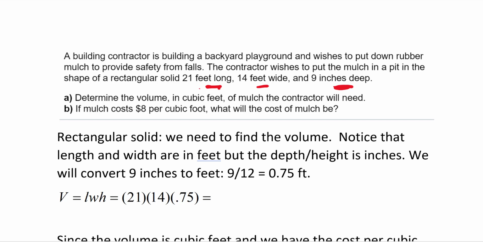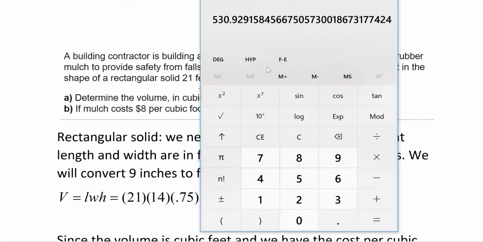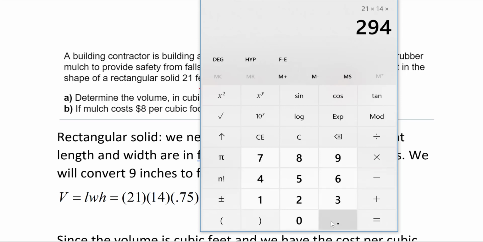So I'm going to convert the 9 inches to feet. 9 divided by 12 gives me 3/4 of a foot. My formula for volume is length times width times height, or depth in this case. So I'm going to multiply 21 times 14 times 0.75.